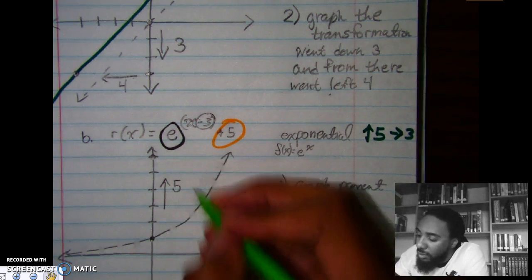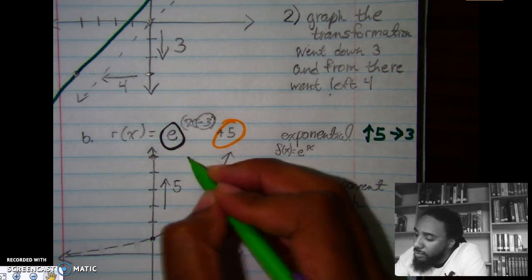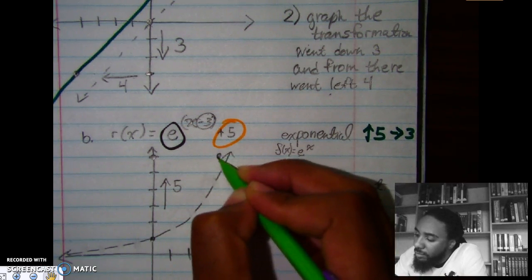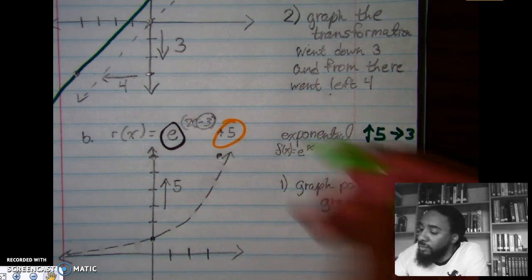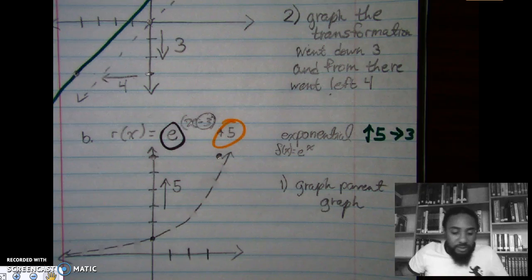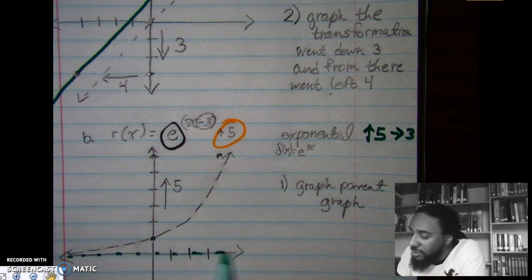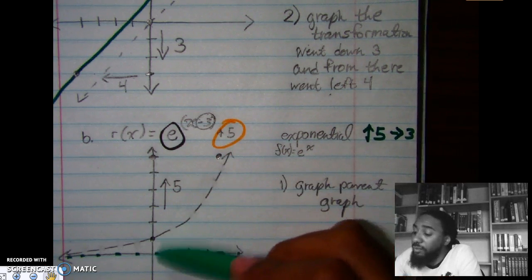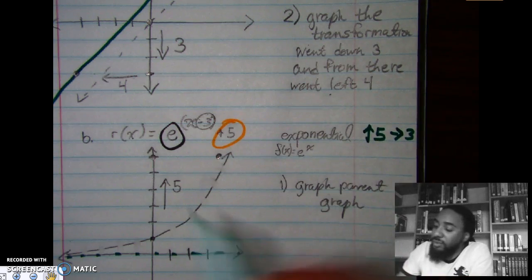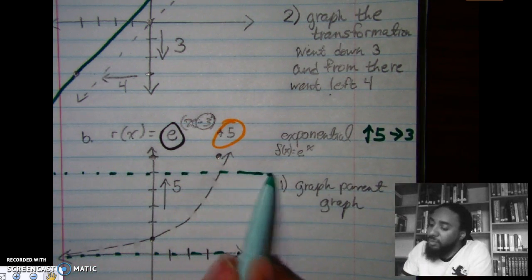So 1, 2, 3. Now this one's going to be a little funky looking, but it's going to be okay. Normally we said the asymptote is right here on the x-axis. So here, if that moved up 5, that means the asymptote is going to move up 5 too. So that's going to move up to this line right here. That's going to be your asymptote.